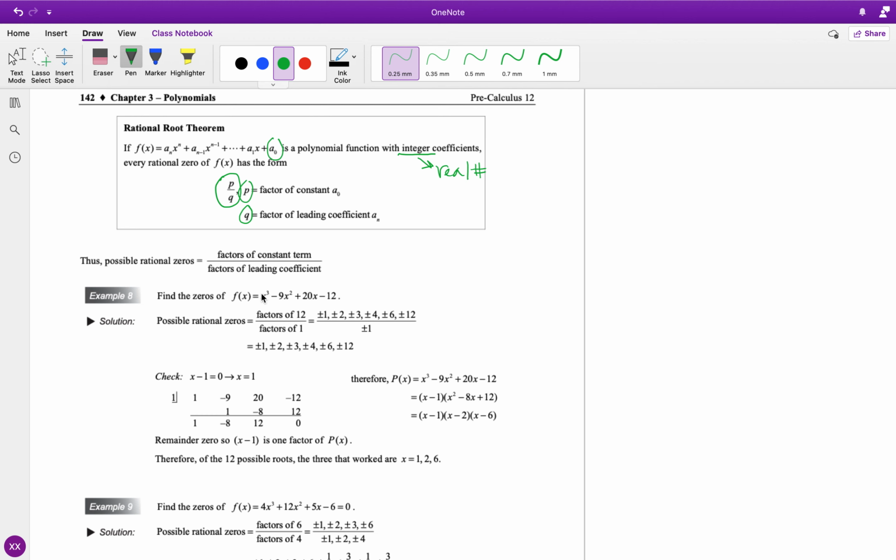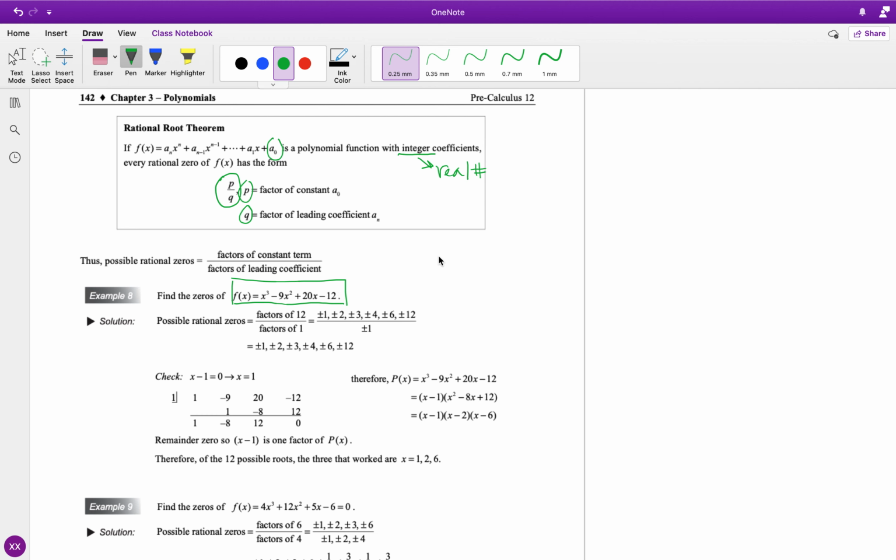Now take a look at this example. We have a cubic function here. All right, so now let's list up the factors of the constant, which is -12.